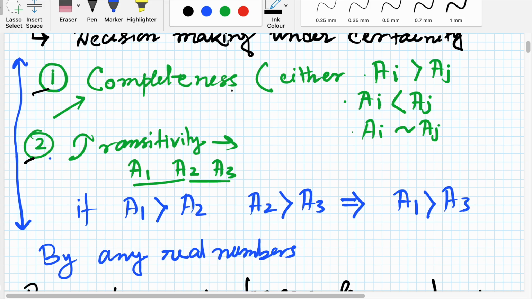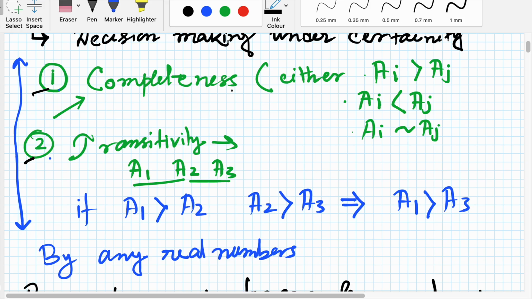These relations should hold for each and every pair among those options. Then I can say that these options are complete in the sense of preference. That means I can assert a preference among any two options.